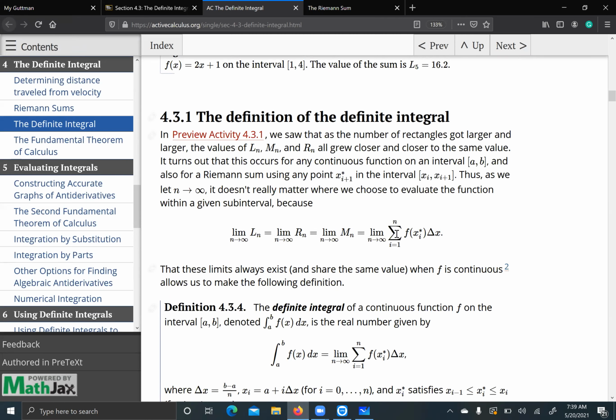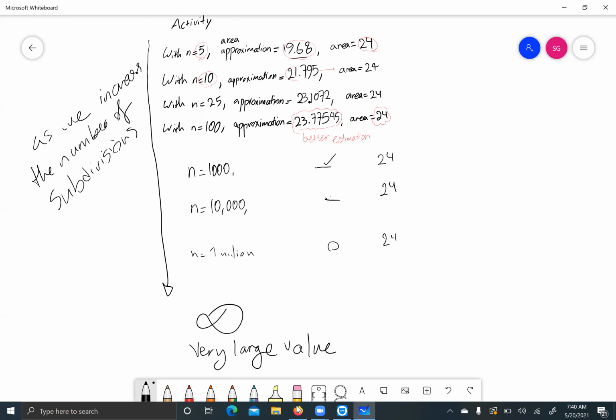So when you take the Riemann sum, you know how to take the Riemann sum, right? If you take a limit of that, and then let n get larger, notationally we say n goes to infinity, but what does it mean?